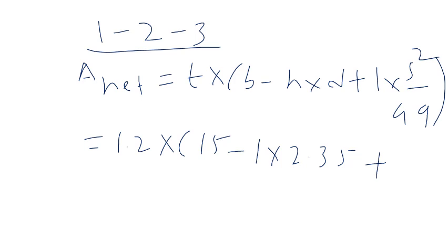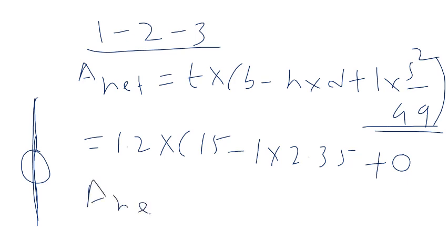You can see that in case of the 1, 2, 3 section there is no staggered rivet, there is just failure on the least area section. So this particular quantity will become 0 here, and the A net here will be equal to 15.18 centimeter square.